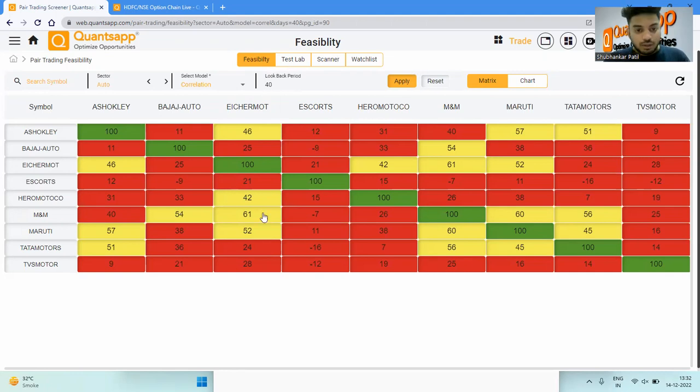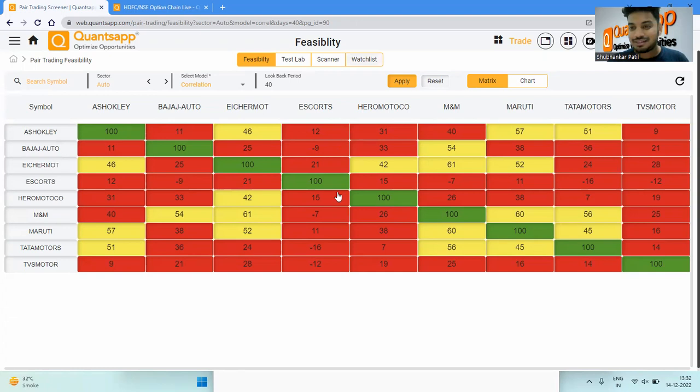Now what does this mean? If in the last 40 days Eicher Motors has gone up 61 times, M&M has gone up along with it. It is as simple as that. It counts how many times both the stocks are moving in the same direction.